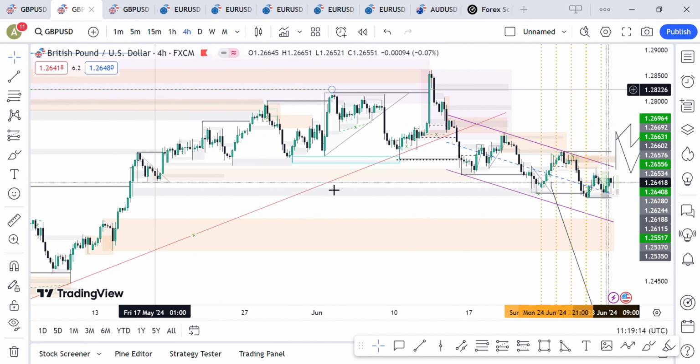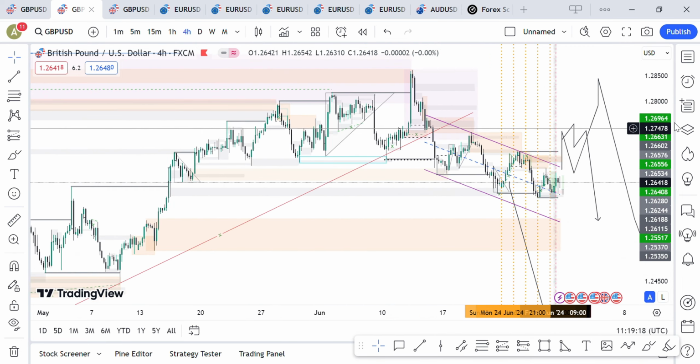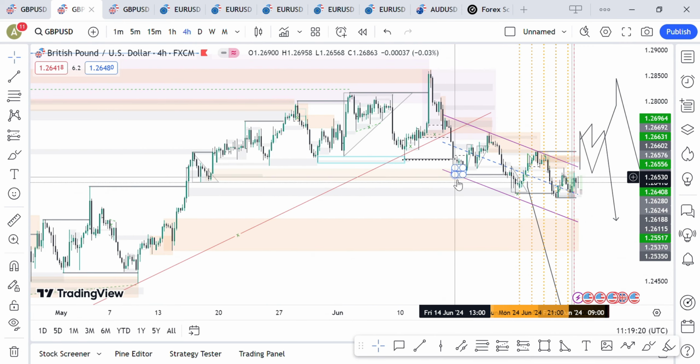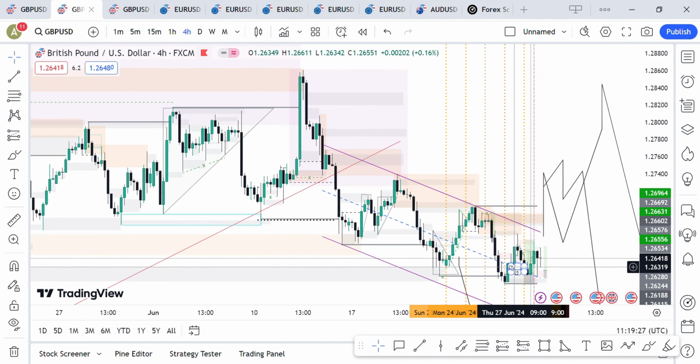So on the 4-hour, I noticed with this trend line that these are lower low, lower high, lower low, lower high, and I think there was a lower low here. Yes, this lower low. To me also, we could be selling off of this point coming next week.